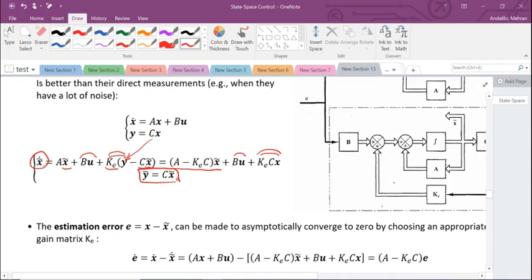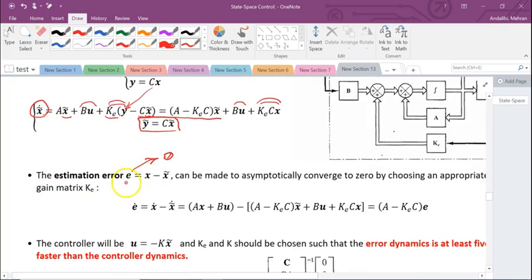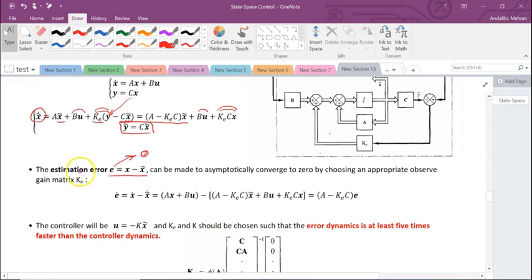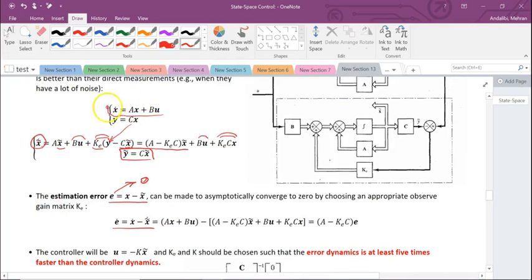Good? Now, how can we make sure that, as we said, this error converges to 0 over time? Let's see. So here we form the error by the difference between the actual state and the estimated state. And we look at the error dynamics, which is the time derivative of E. So if you take the time derivative of E, it's going to be X dot minus X tilde dot. For X dot, we plug it from here.